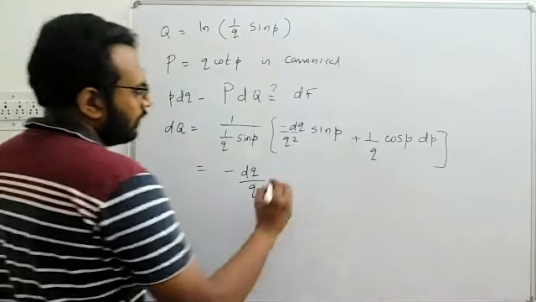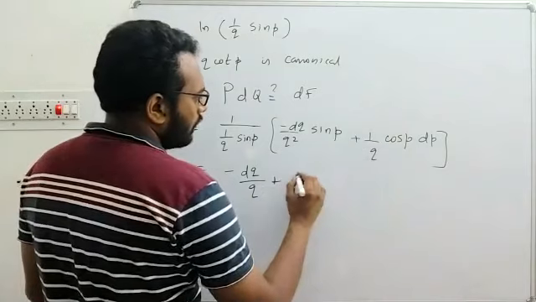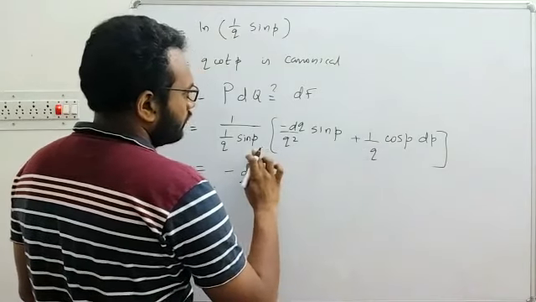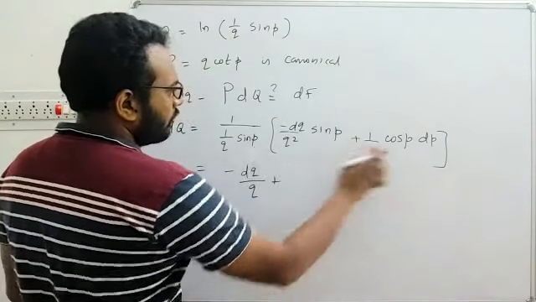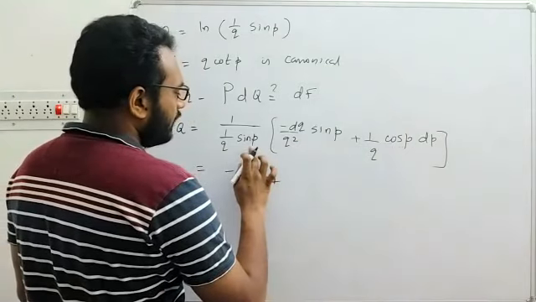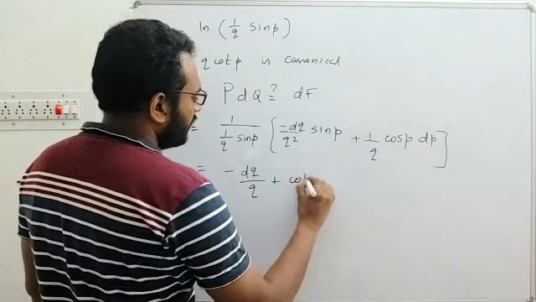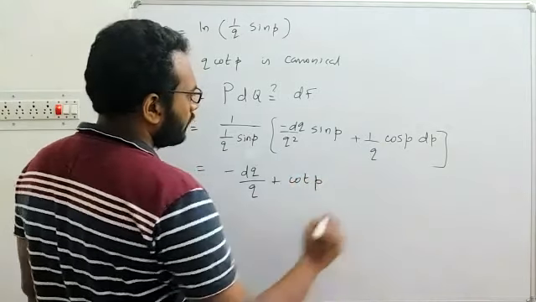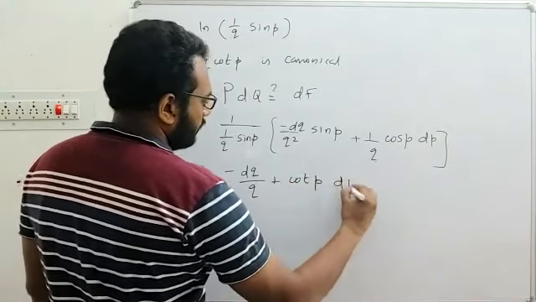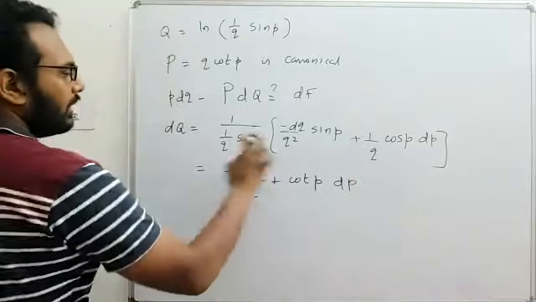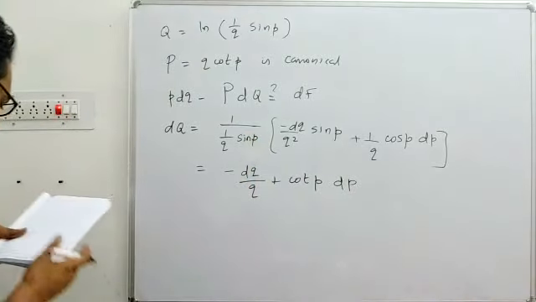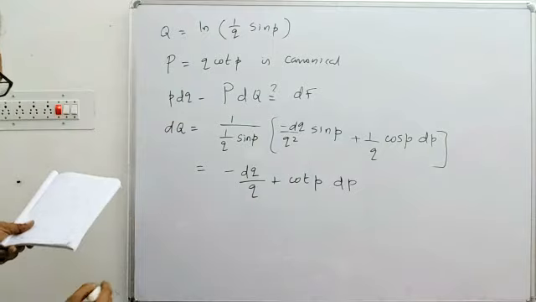Plus we have got cos P divided by sine P. That is cot P. You can write it as cot P dp. 1 by q and 1 by q gets cancelled. So this is dQ.